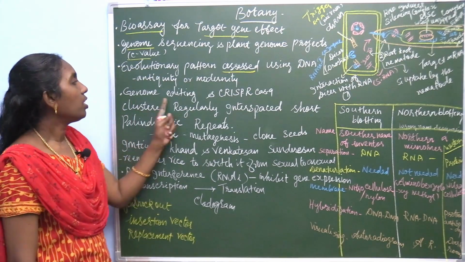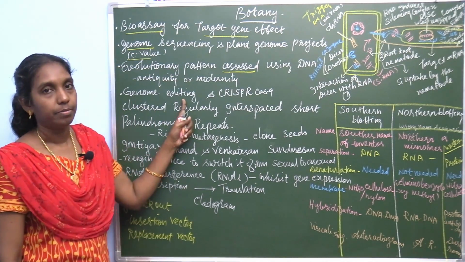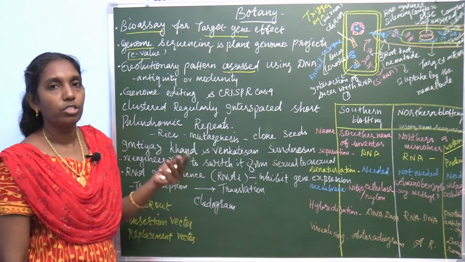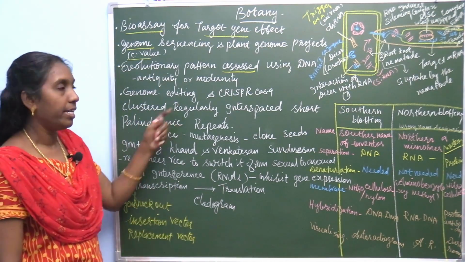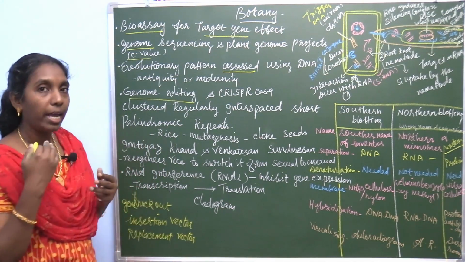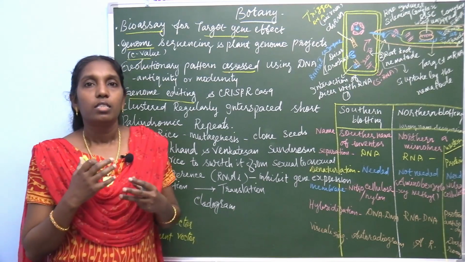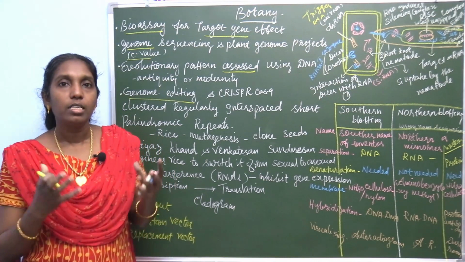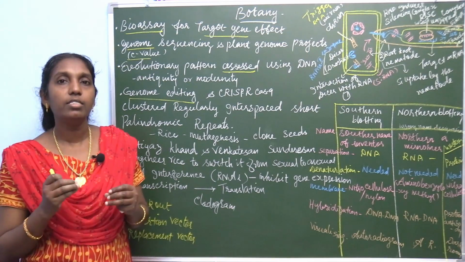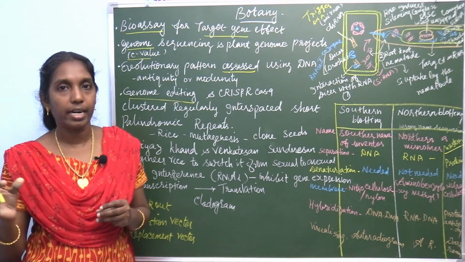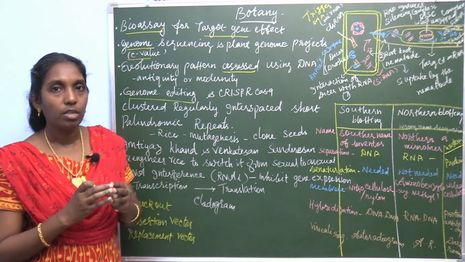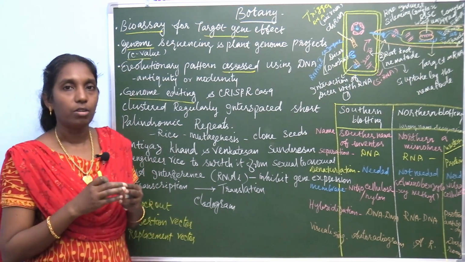Next question, genome editing. There are a number of approaches for genome editing. What's meant by genome editing? Two more questions. You know that organisms contain a number of genes, and each gene carries different characters or traits. All these traits determine a particular character.